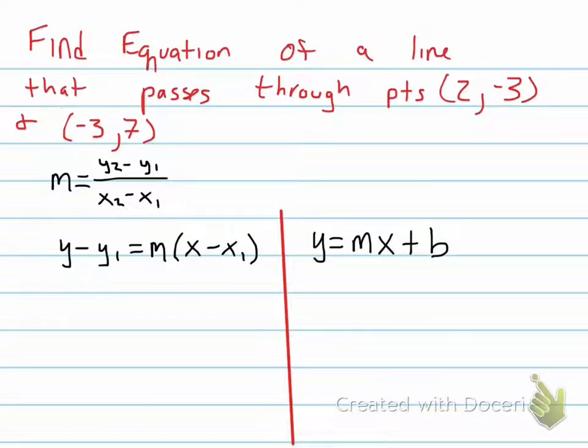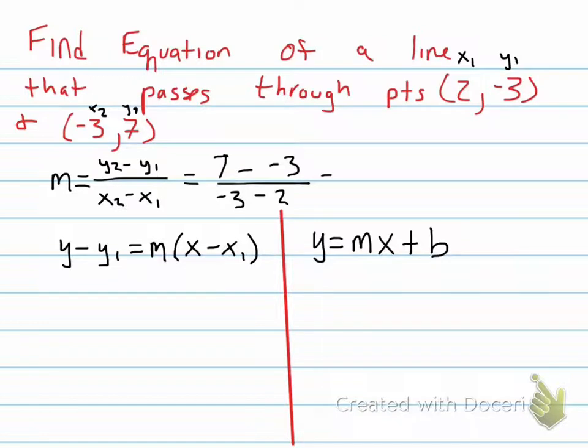So let's label our points, x1, y1, x2, y2. So this will equal 7 minus negative 3, keep your sign, over negative 3 minus 2.